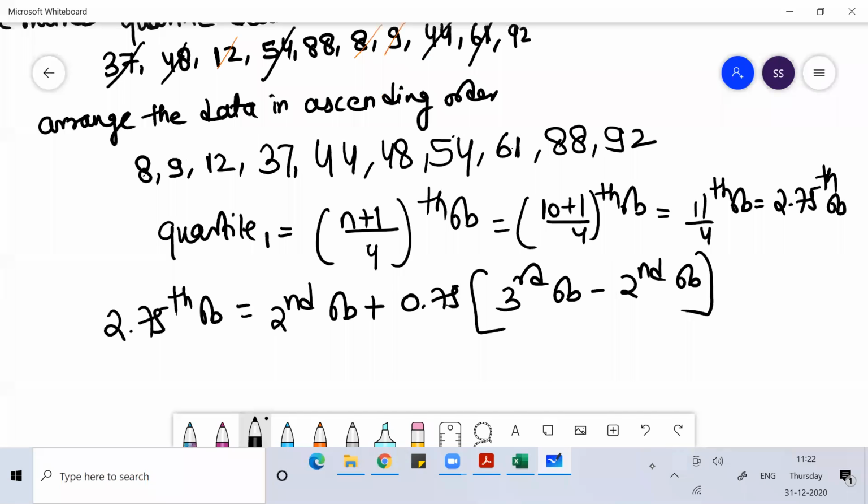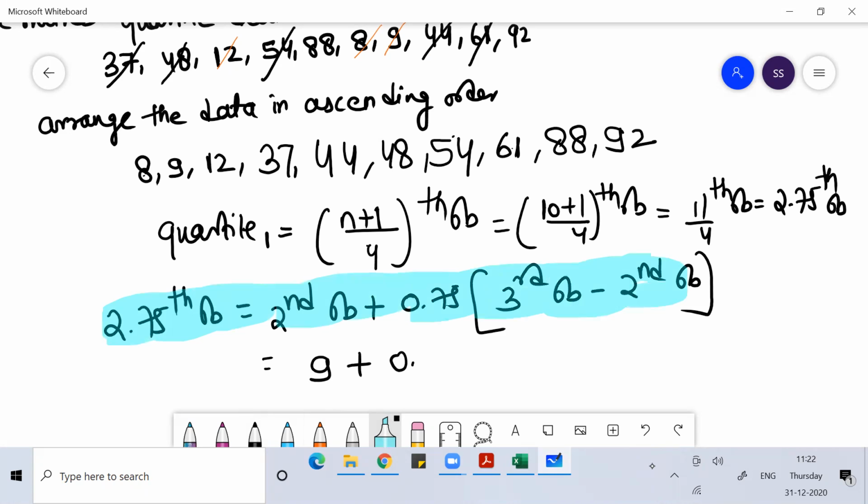This is the formula, in case you don't know. This is the way you should find the 2.75th observation. If anything related to interpolation comes up, you have to do it this way.